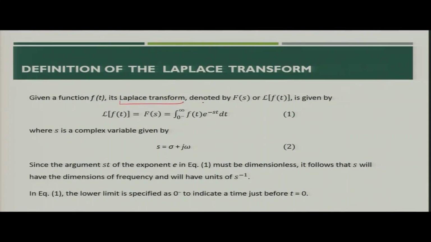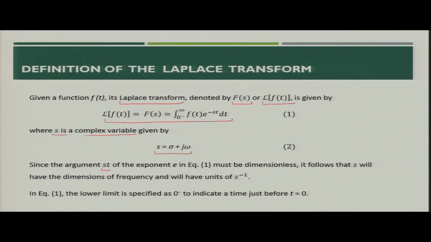The Laplace transform is denoted by F(s), or you can say L{f(t)}, and F(s) is nothing but the integration from 0 minus to infinity of f(t) e to the power minus st dt. What is s? s is a complex variable and is given by sigma plus j omega.